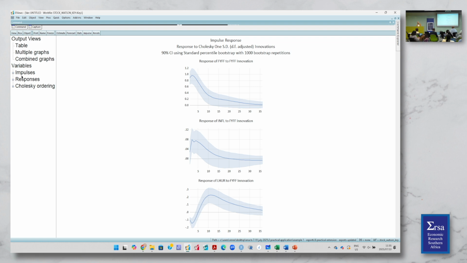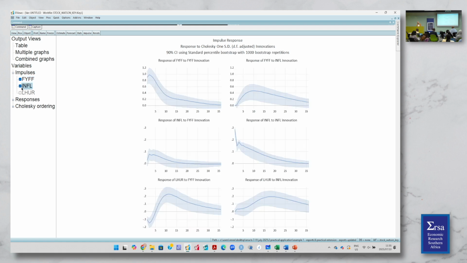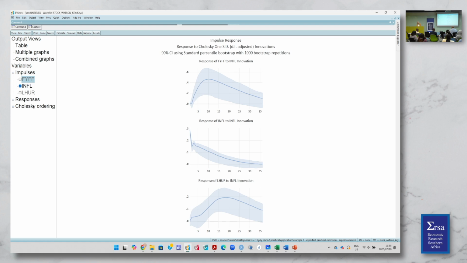So we can analyze it one by one. For argument's sake, if we want to know how the Fed responds when there's an innovation in inflation, it looks like higher inflation will prompt the federal funds rate to rise.